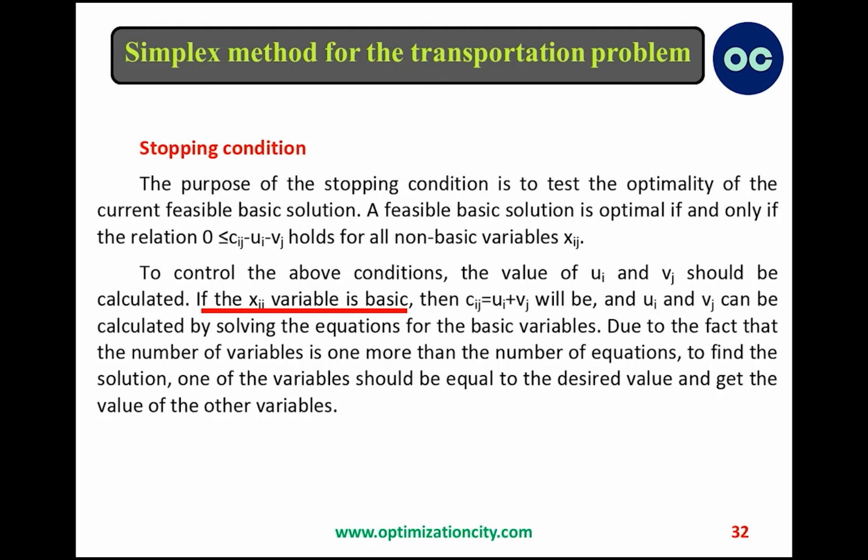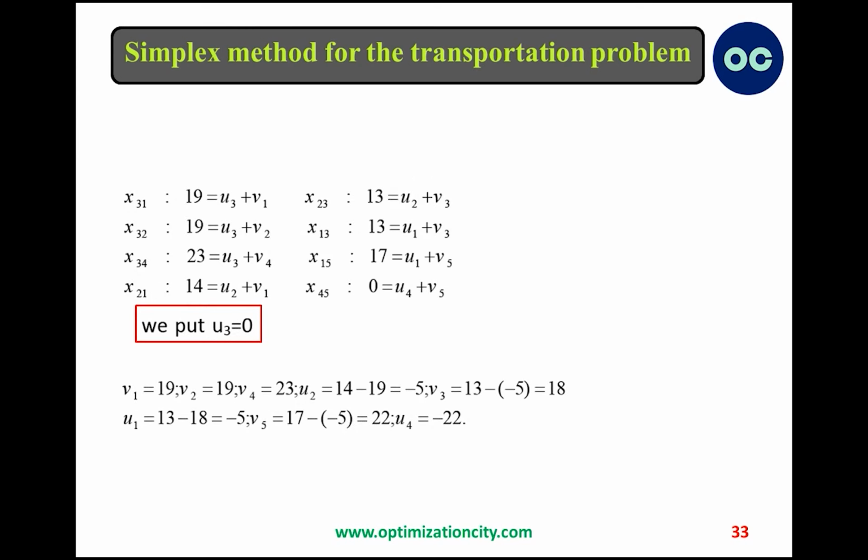Finding the solution requires setting one variable to a desired value, for example 0, and obtaining the values of the other variables. So to illustrate this, let's consider the basic variables here: x31, x32, x34, x21, x23, x13, x15, and x45.